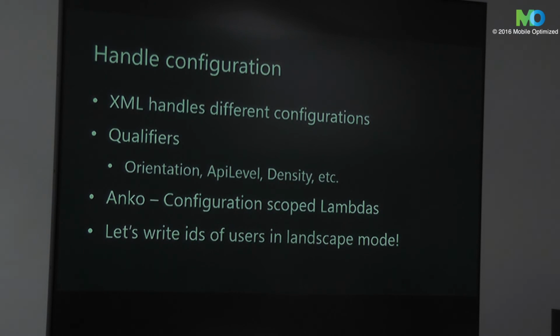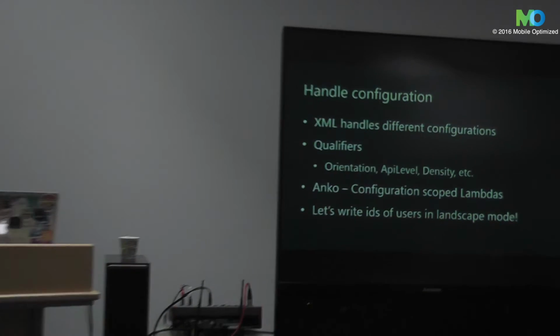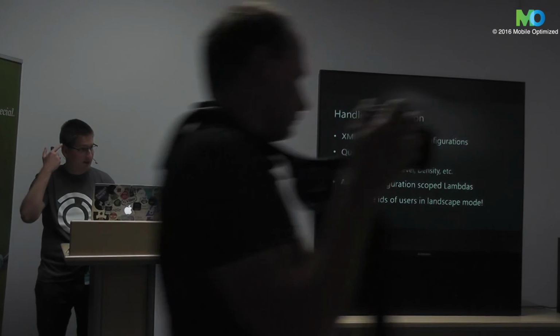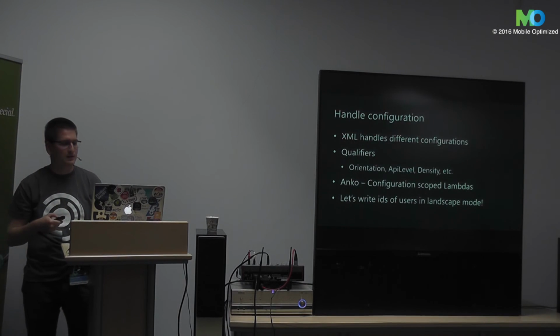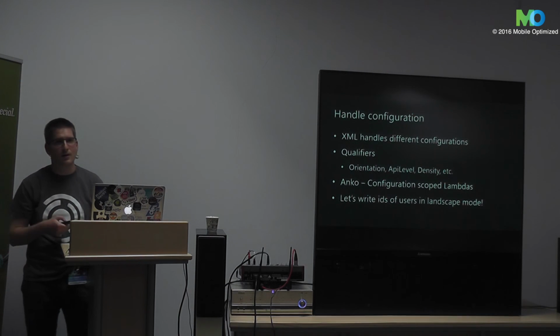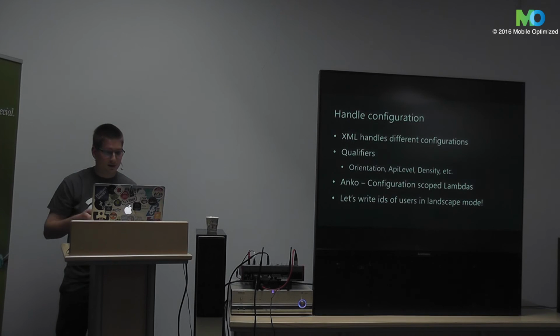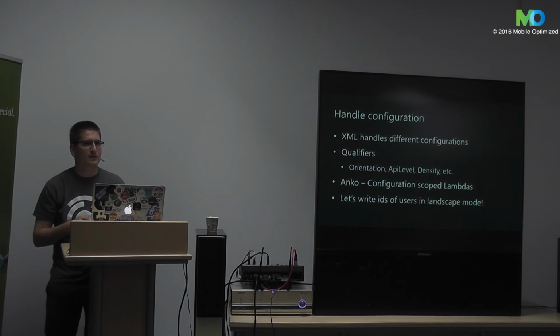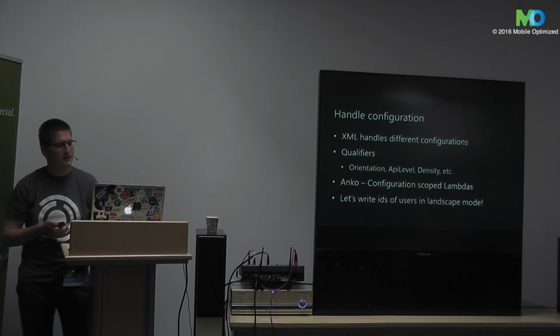Obviously, one of the main powers of the XML layouts is that it can handle different configurations. It can handle landscape mode, it can handle different device display density, API level, and whatnot. Anko can do the same because we have these configuration lambdas.